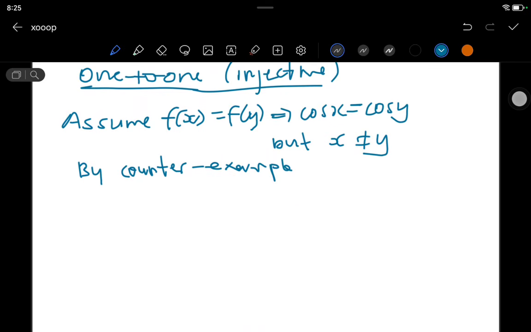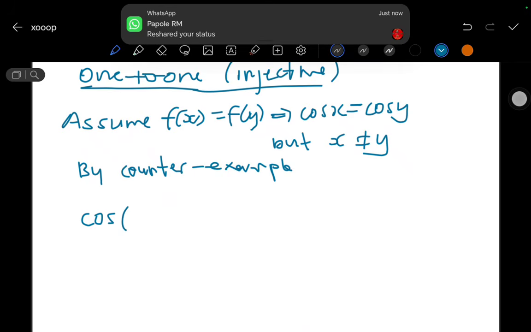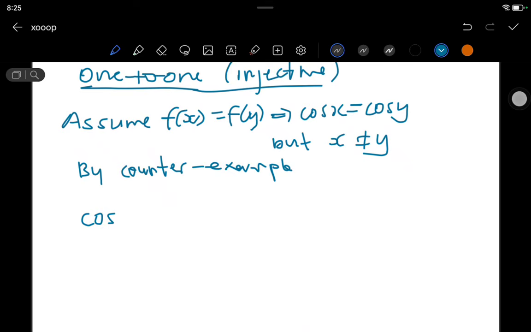For a counterexample, let's say we let x be equal to 0, since I want something I can easily get the solution to, and y be equal to 2 pi. You see, right? Then cos of 0 will be equal to 1.